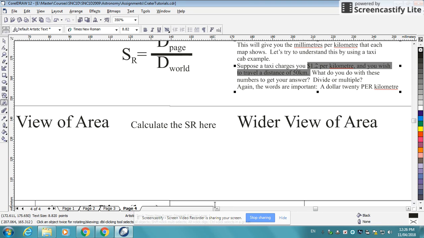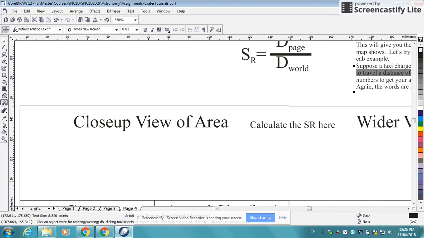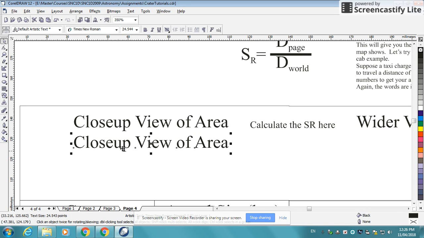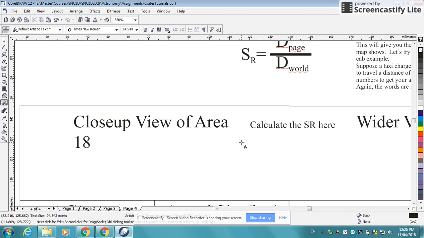So how do we do the map scale for our first map? Well, what we're going to do is take those numbers and divide them. So I'm going to take the 18 millimeters that we measured on the scale, and I'm going to round it to 20 millimeters.